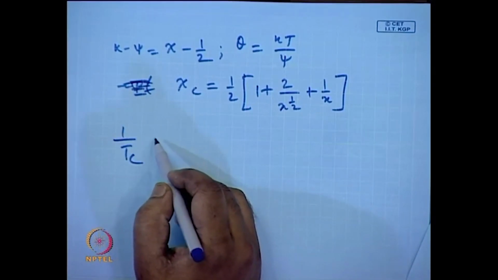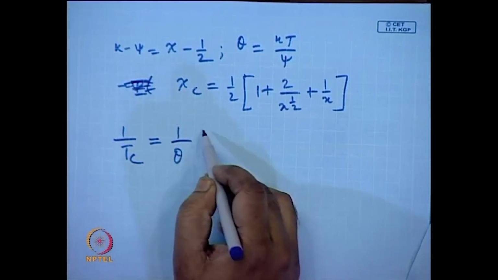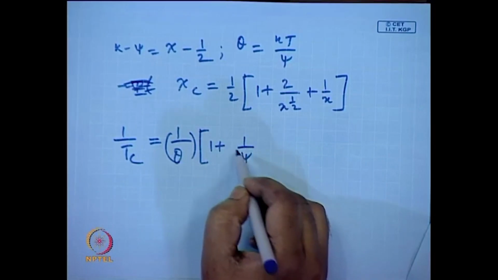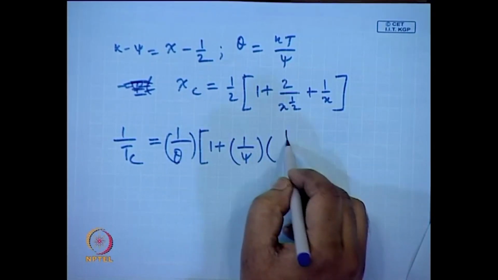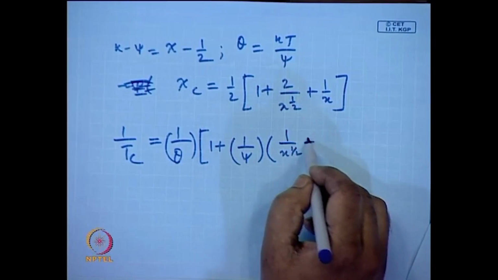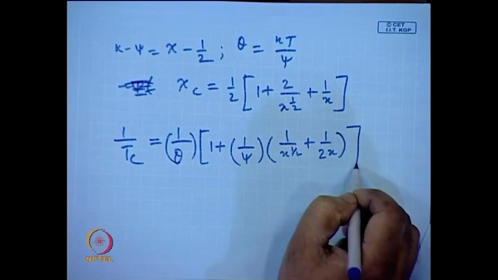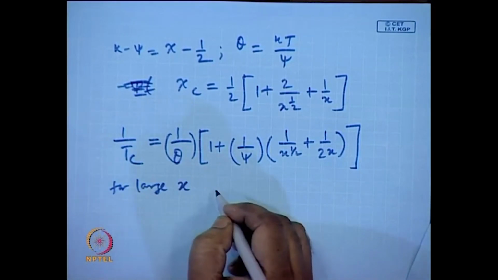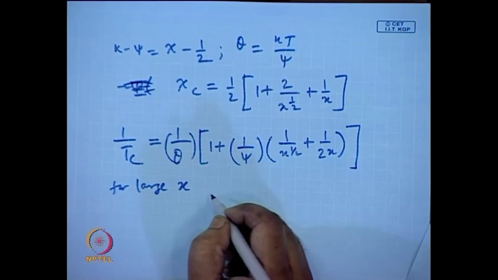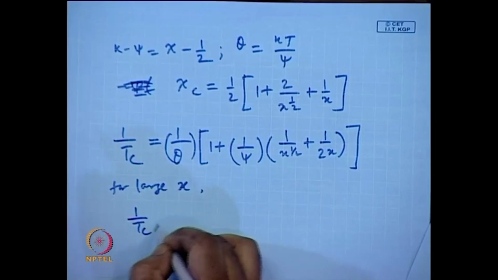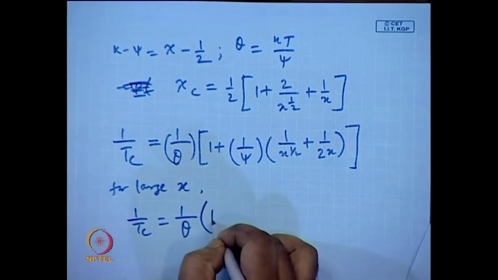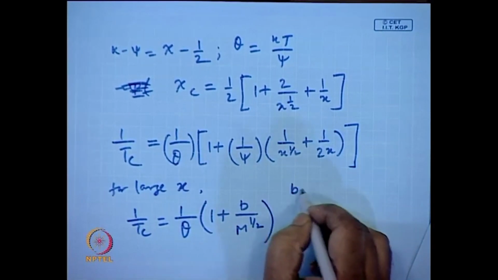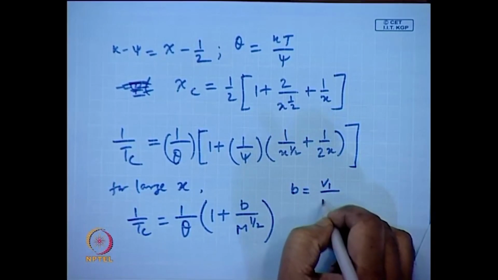1 by T c, for large x, we can write 1 by T c is 1 by theta times 1 plus b to the power half, where b is v1 v1.